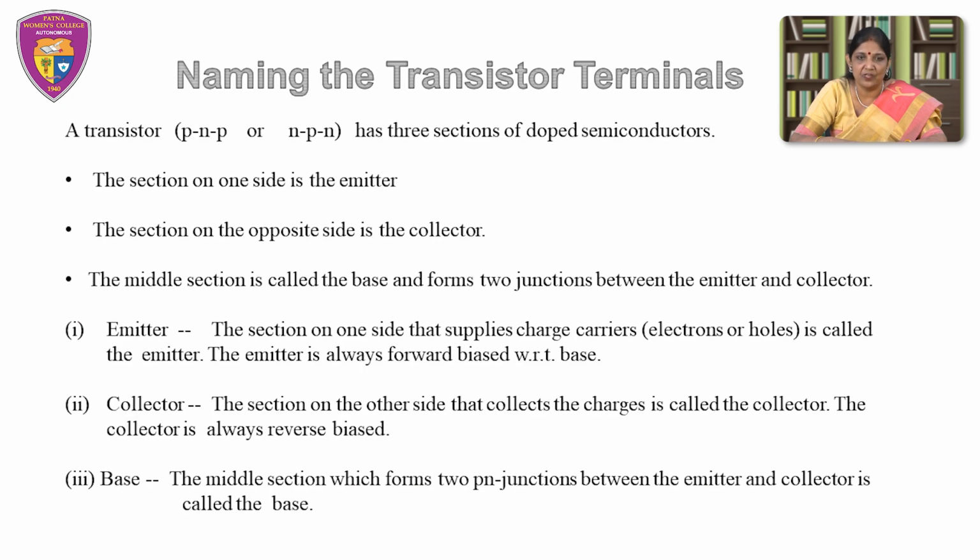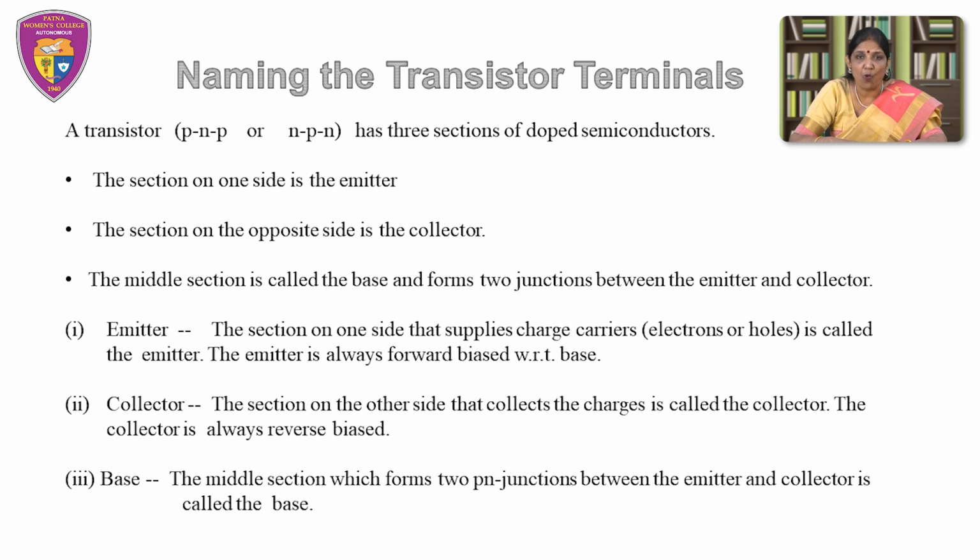Naming the transistor terminals. A transistor, whether it is PNP or NPN, has three sections of doped semiconductors. The section on one side is the emitter and the section on the opposite side is the collector. The middle section is called the base and forms the two junctions between the emitter and collector. So, what is emitter? The section on one side that supplies charge carriers, either electrons or holes, is called the emitter.